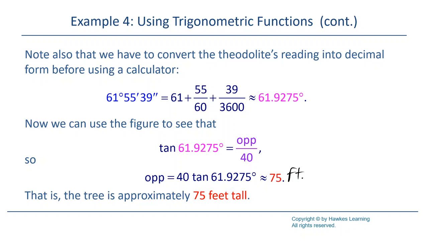Now, if you had done just 40 times tangent of 61 degrees, yeah, that comes out to 72.16. You're missing 3 feet there. So there's a good chance you could take out part of the garage with your miscalculations if you do that.